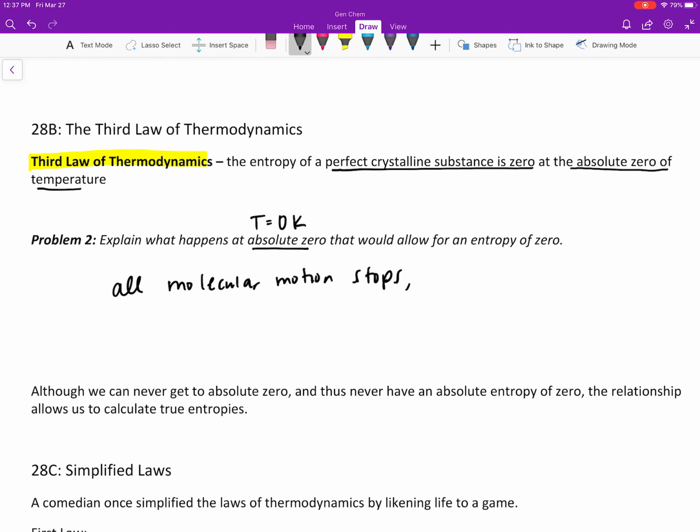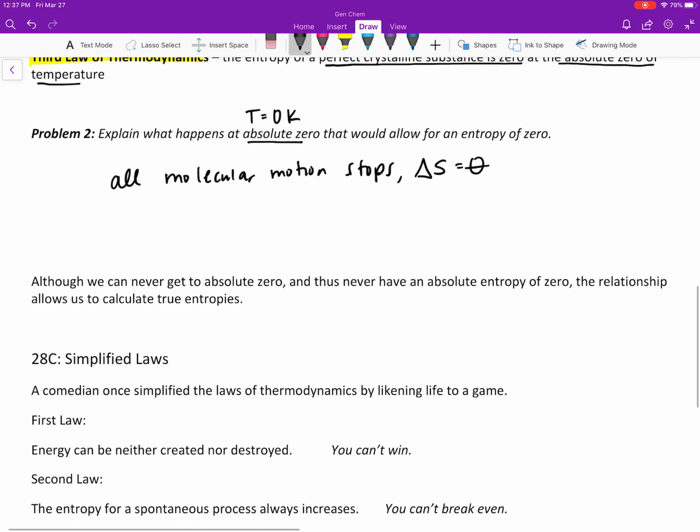Therefore, because molecular motion stops, if you think about the solid, liquid, gas relationship, this means that the entropy would also be equal to 0, because there's no molecular motion, and we know that entropy increases as we increase molecular motion.